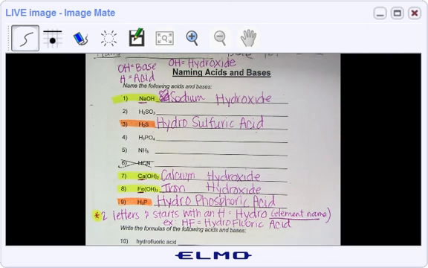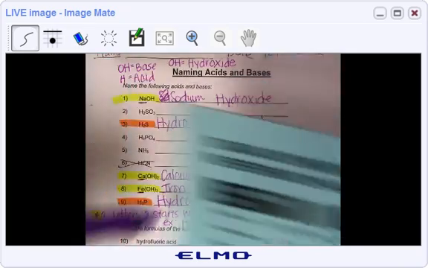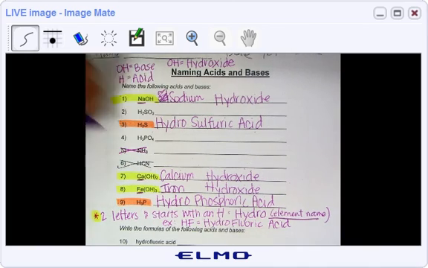And the last 3 is when you are going to look at your polyatomic chart on the star chart. So please pull this out. It says polyatomic ions right here. Cross off number 5.